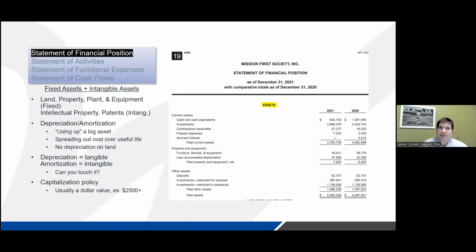So in order for something to be placed into fixed assets, for example, if you buy a copier, but it was only $500, it's small enough to be turned into an expense immediately. But if it's over a certain dollar value, and I frequently see $2,500, at that point, it becomes a fixed asset, and then we talk about depreciation.